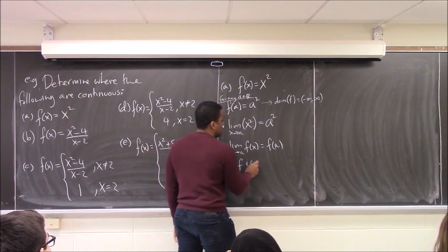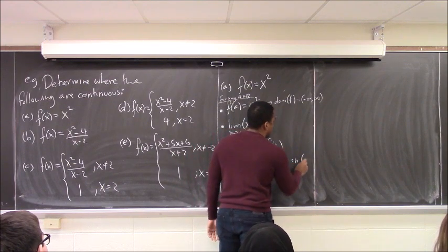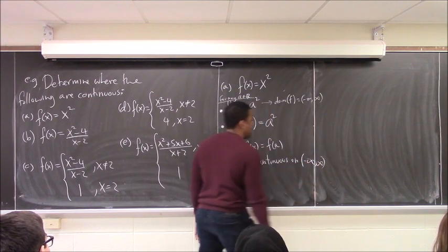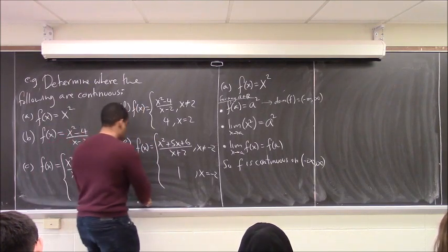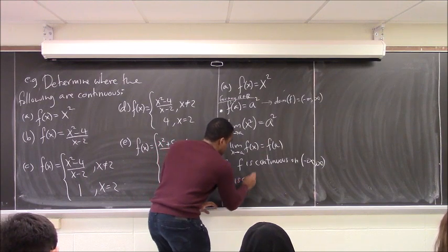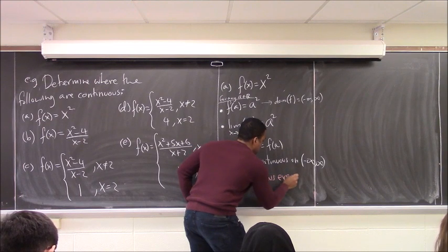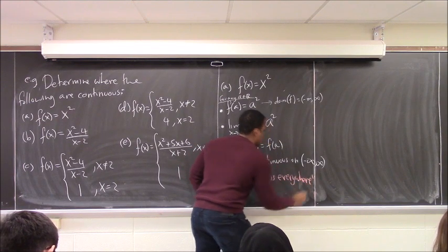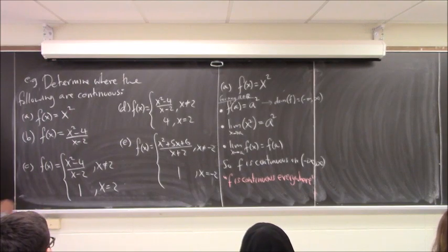So f is continuous on minus infinity to infinity, the entire real line. A way to say this is f is continuous everywhere. They'll literally use the word everywhere if it works on the entire number line.